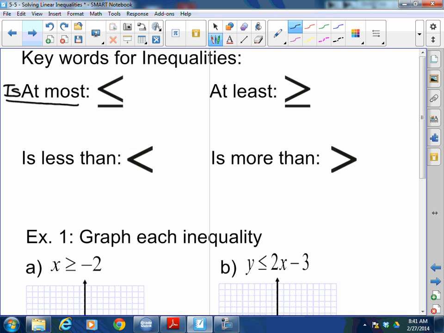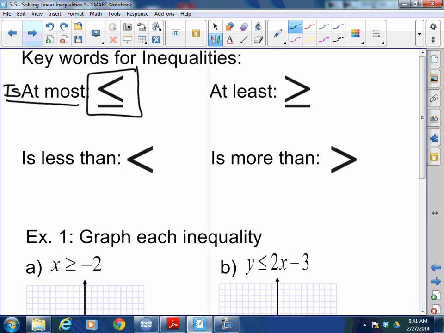I like to look at age for this. It's always helped me out. If I told you guys are at most 16 years old, what does that mean to you? You're at most 16. There you go. That you can be 16 or younger. So that's why at most means less than or equal to.